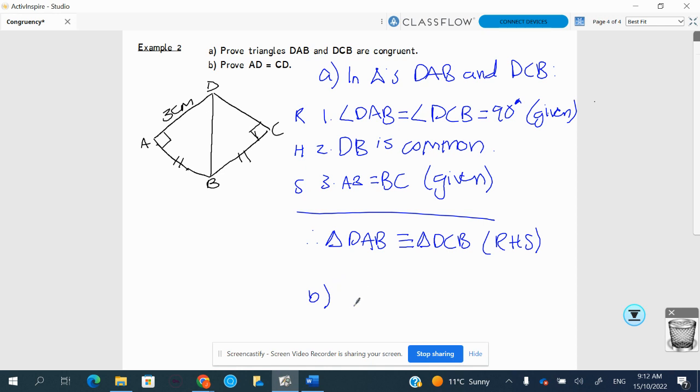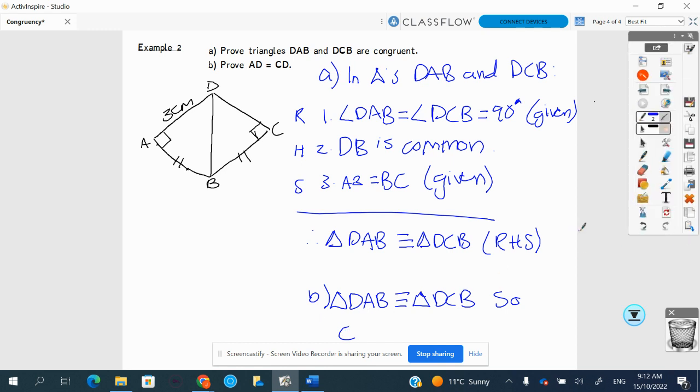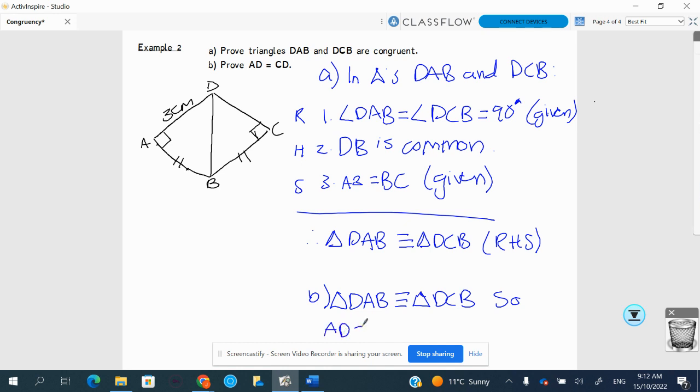So we need to make a statement there. So I'm going to say triangle DAB is congruent to triangle DCB. So AD has to be equal to CD.